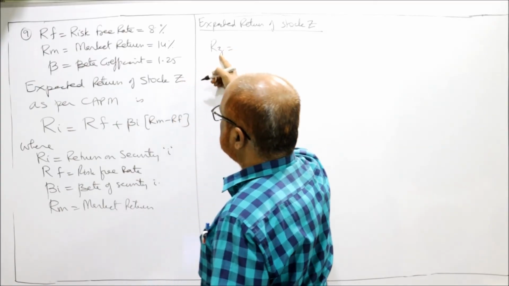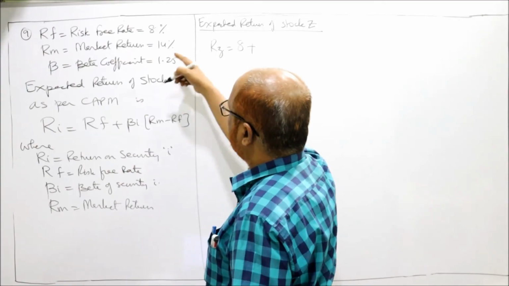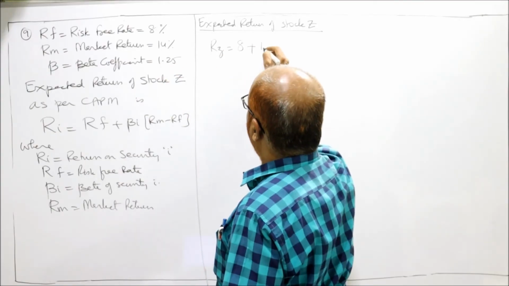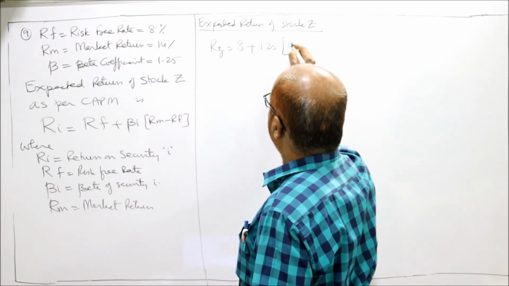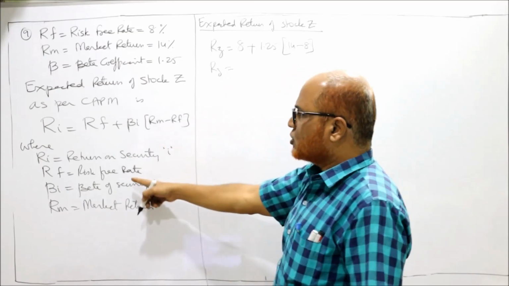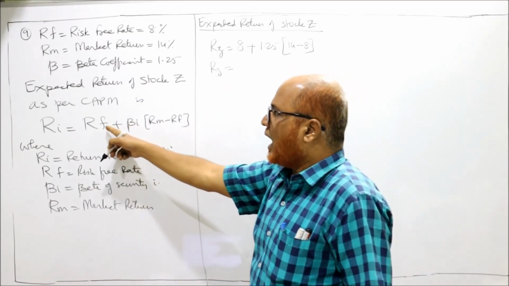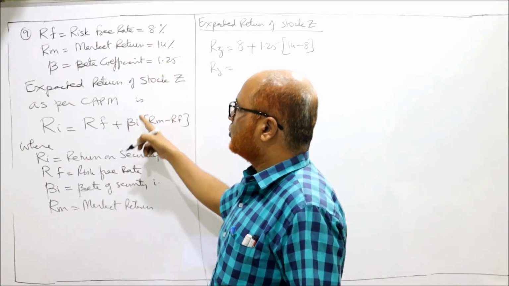So RZ is equal to risk free rate. How much is the risk free rate? 8% plus beta coefficient 1.25 into RM 14% minus risk free rate 8%. सब्स्टिट्यूट कर लो ये फॉर्मूले में. RF प्रॉब्लम में दे दिया 8% और बीटा ऑफ सिक्योरिटी we got 1.25.